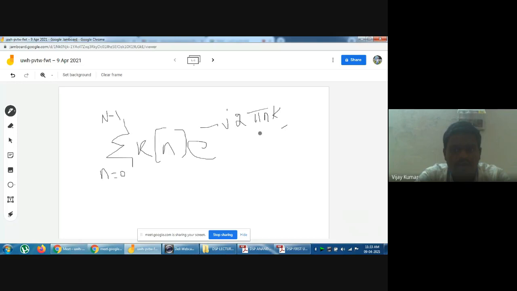This is the formula to compute DFT. So this is nothing but capital X of k.